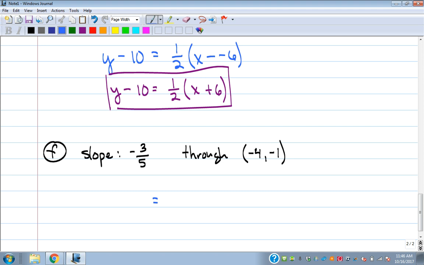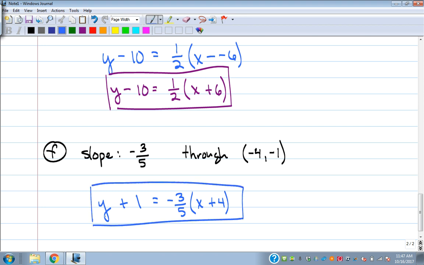So starts out with y, and then what? Plus 1, because it's minus -1, so that changes it to a plus 1. What goes in the front on the other side? -3/5 and x plus 4. Because it's usually a minus -4, 2 negatives make that a plus. And there's point slope form for that line, given the slope and a point it goes through.